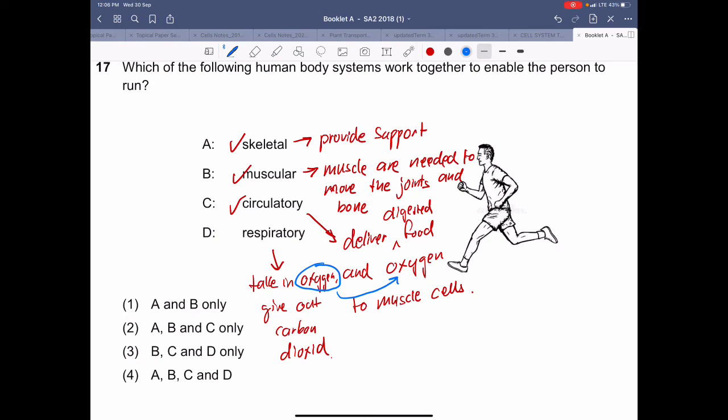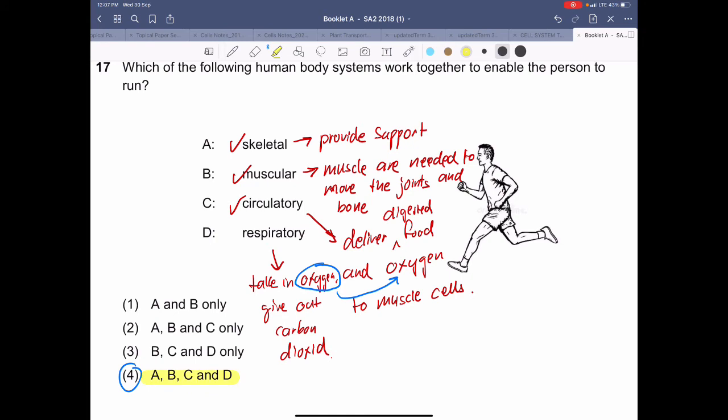And without that, respiration cannot take place and no energy will be produced. Similarly, for digested food, you will need your digestive system to digest your food first, before you can get digested food. And same thing, your skeletal and muscular systems need to work hand in hand in order to produce movement. So the answer is A, B, C, and D.